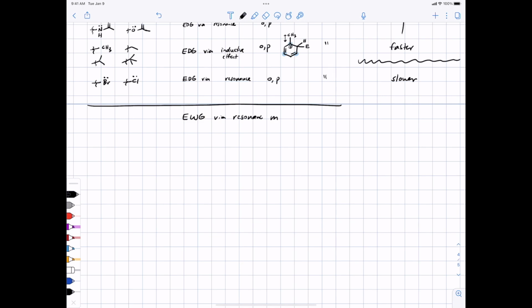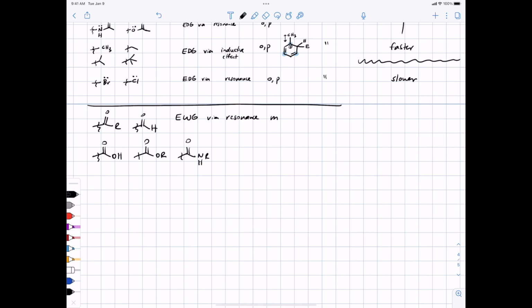The dividing line here is between ortho and para versus meta directors. You've got your carbonyl groups, your aldehydes, ketones, carboxylic acids, esters, anything where the carbonyl group is directly attached to the benzene ring.